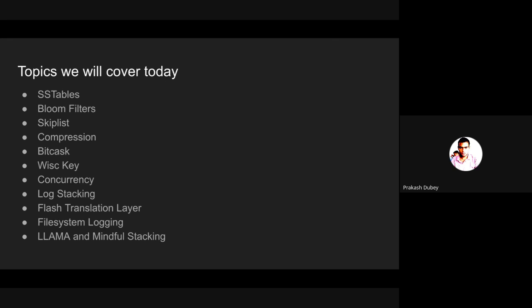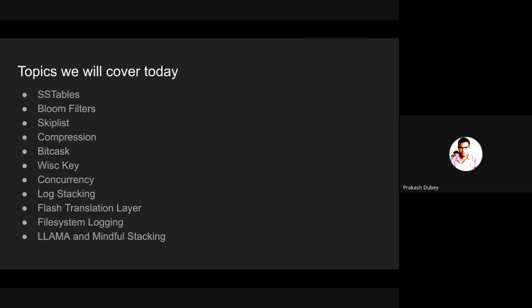Then the skip list, which is basically a linked list where we can find data efficiently in logarithmic complexity instead of linear time complexity. Then compression, where we compress the data before flushing into the storage.